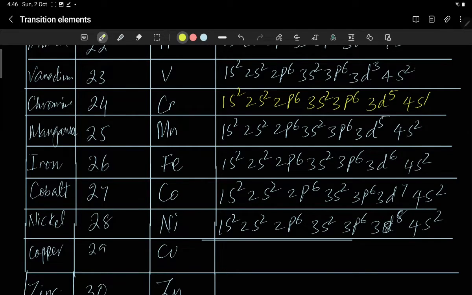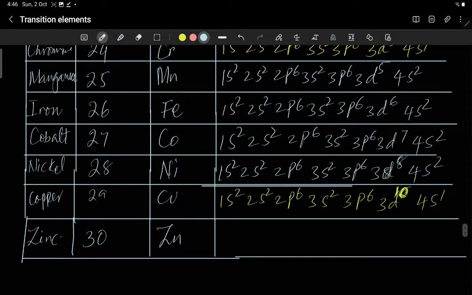And again I have written copper in yellow, which we discussed earlier in AS, so later I will explain this. 1s2, 2s2, 2p6, 3s2, 3p6, 3d10 instead of 3d9, and 4s1.